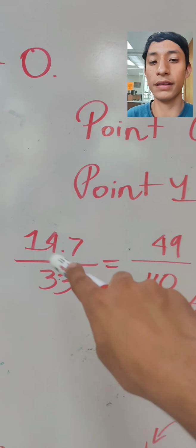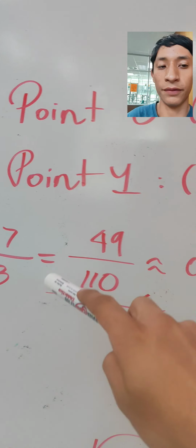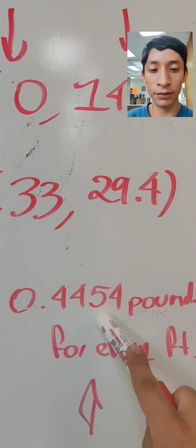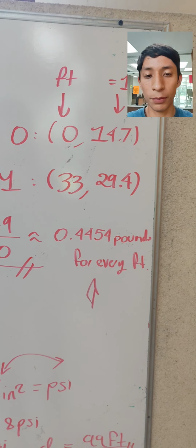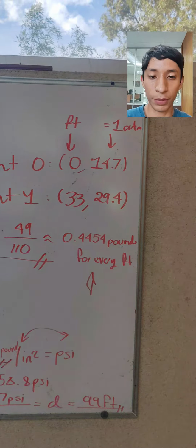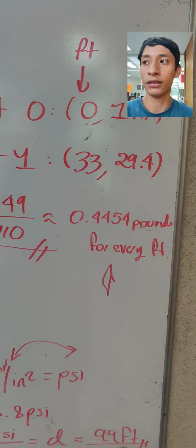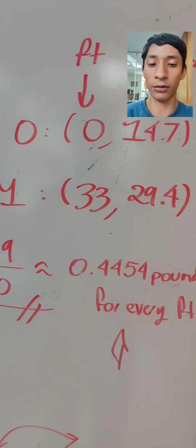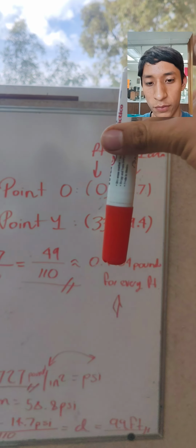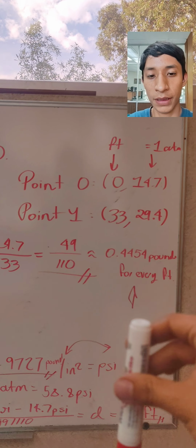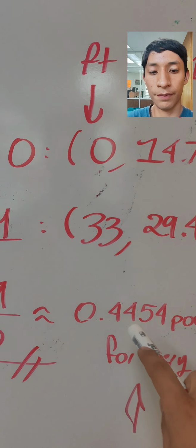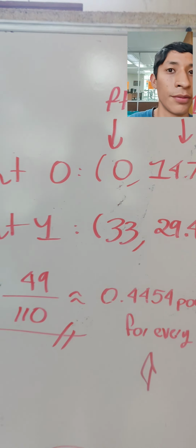That is equal to this, in fraction, or in decimal 0.4454 pounds per foot. So when we go down 1 foot, we are increasing this pressure.